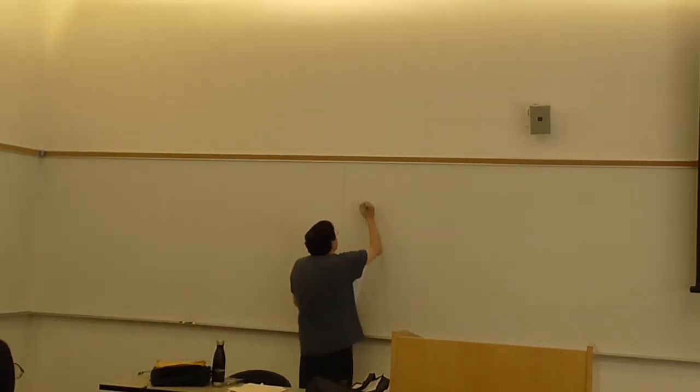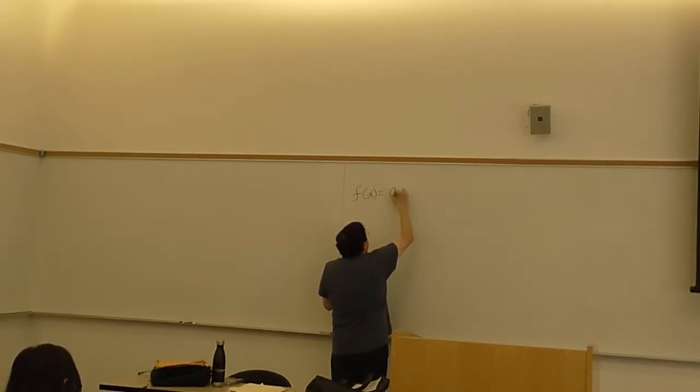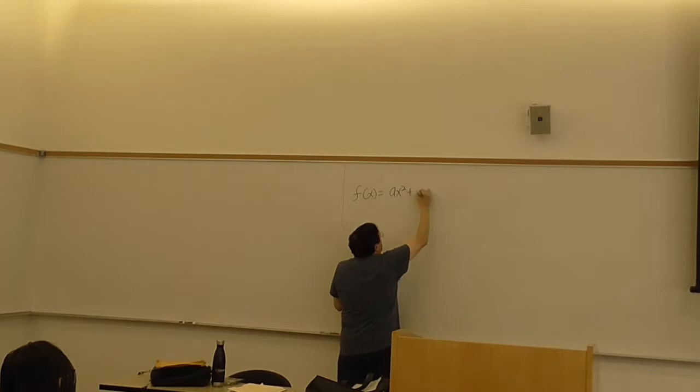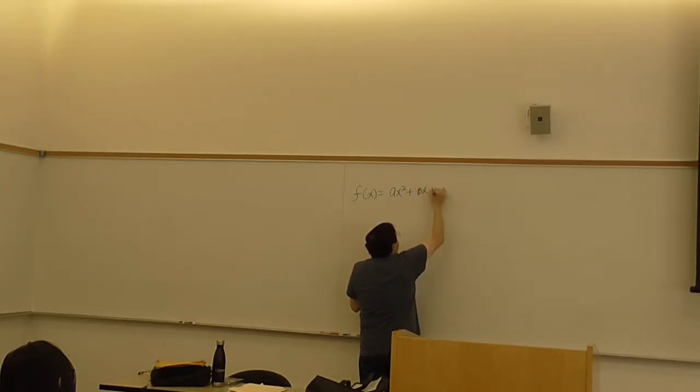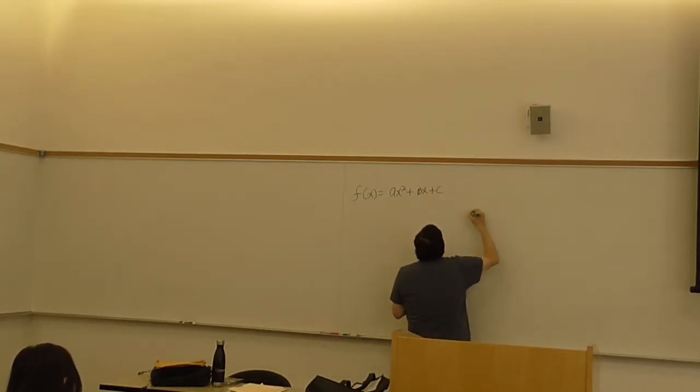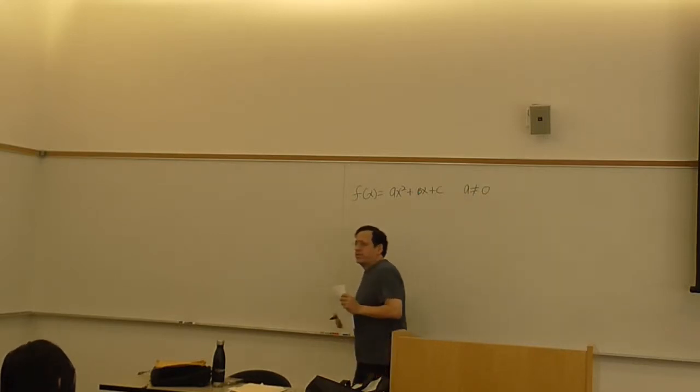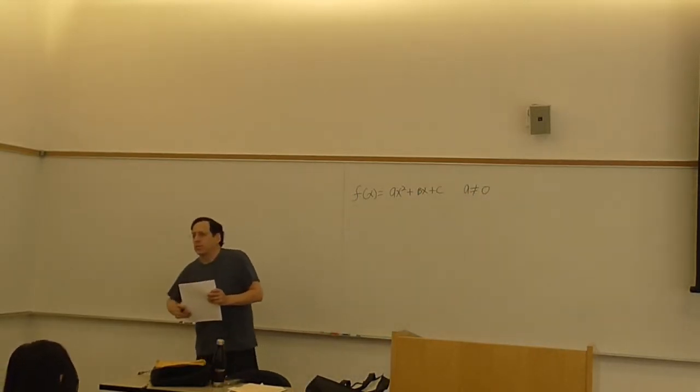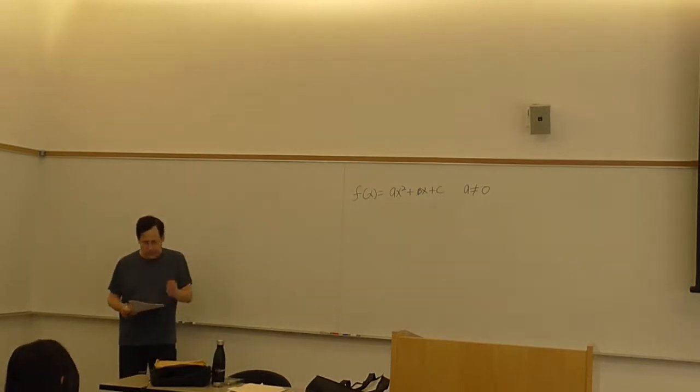By a quadratic, what I mean is a function f of x equals ax squared plus bx plus c, and a can't be 0, because then it's not a quadratic. It would be just a plain old linear function.